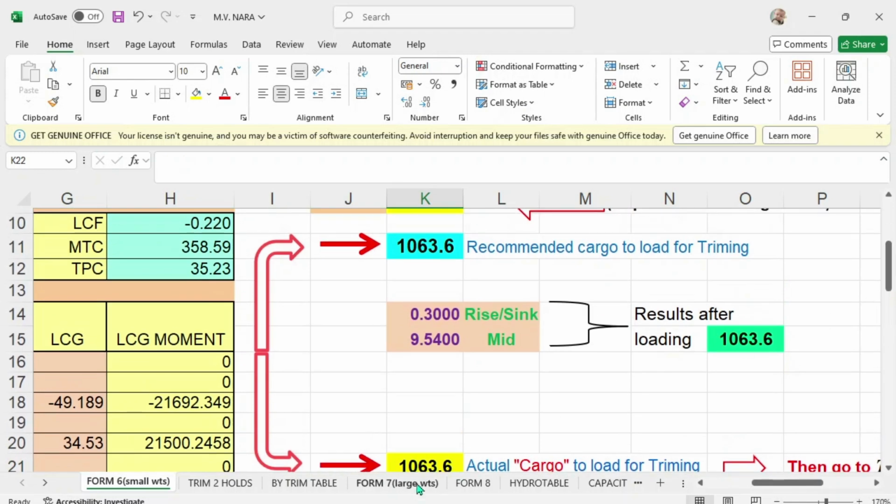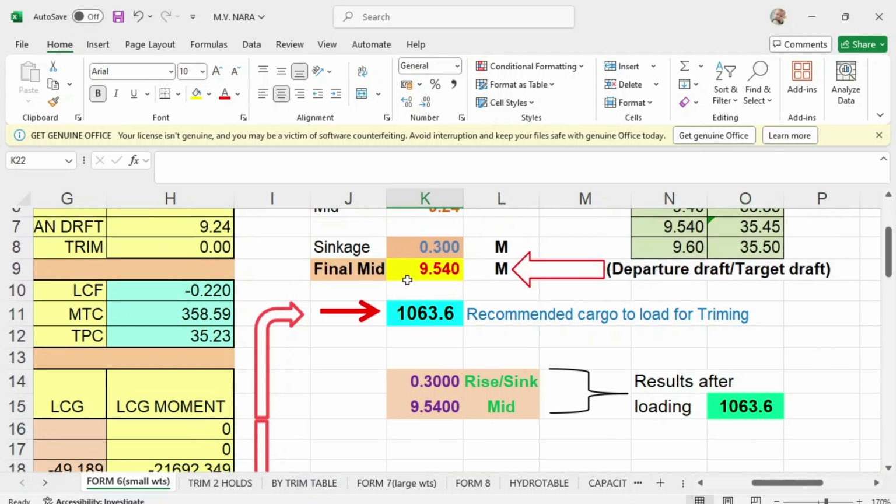What happens when you load this figure? Results after loading 1063.6, your mid drop will be 9.54, which is exactly this one, and your sinkage is 30 centimeters, which is the same.